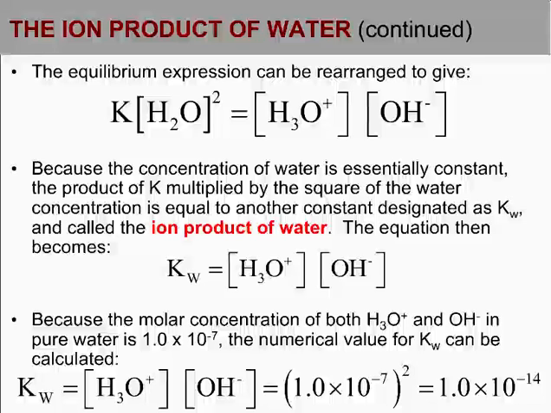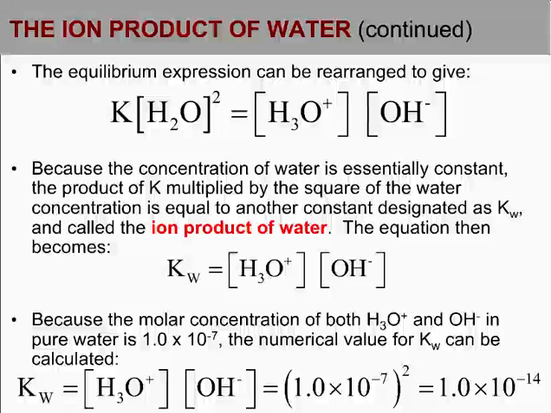We saw that water can actually react with itself, or rather another molecule of water, to produce hydronium ions and hydroxide ions. So we wrote out the equilibrium expression for the reaction of two water molecules, and we talked about how we don't typically include pure liquids or solids in our equilibrium expression because their concentrations don't change that much during a reaction.